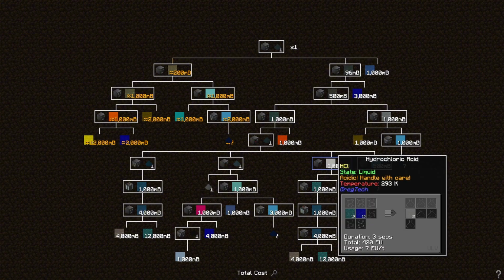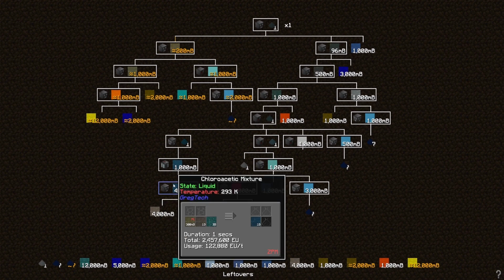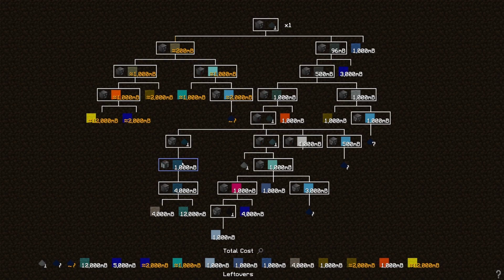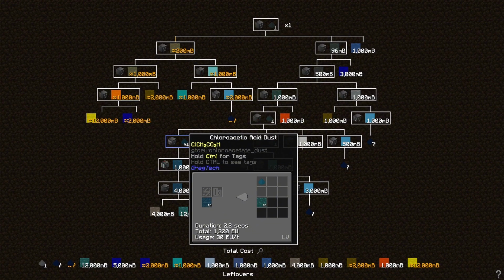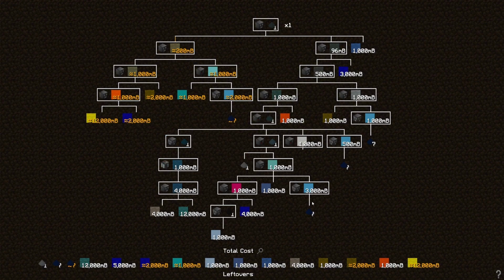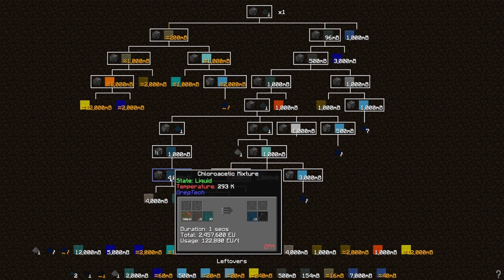I think I screwed up here. No, okay, so there's our chloroacetic mixture, and there's the dichlorous acetate, and then there's the chloroacetic acid dust. Okay, so still on track.